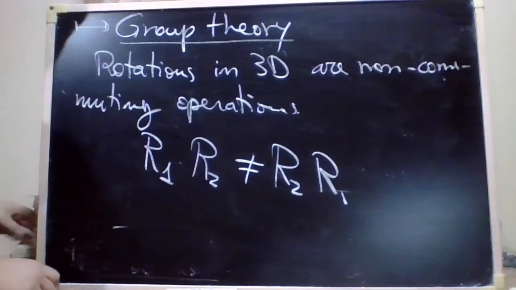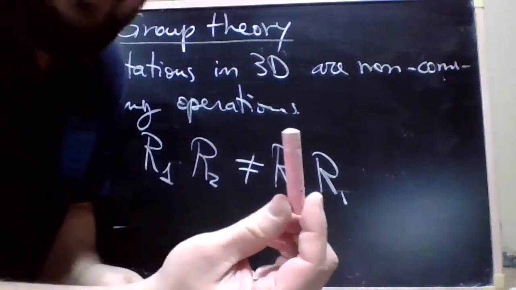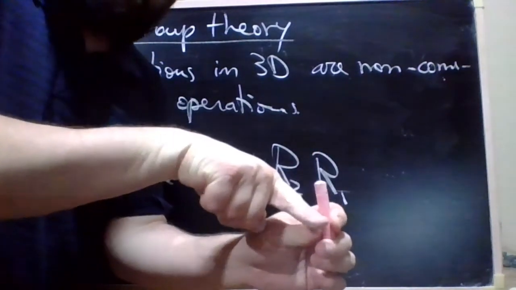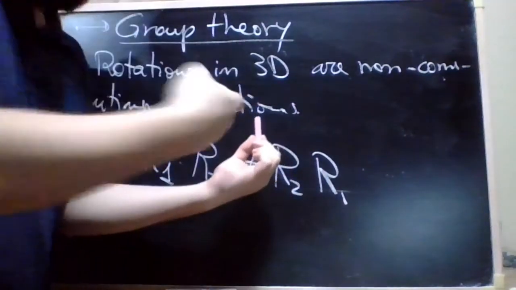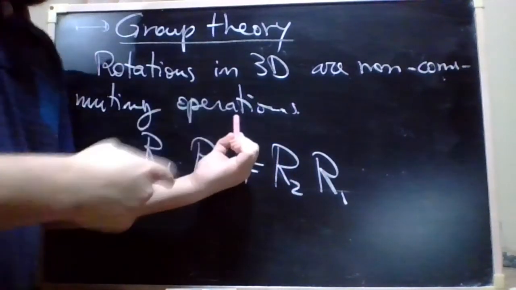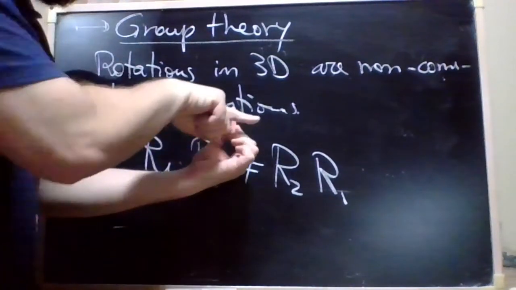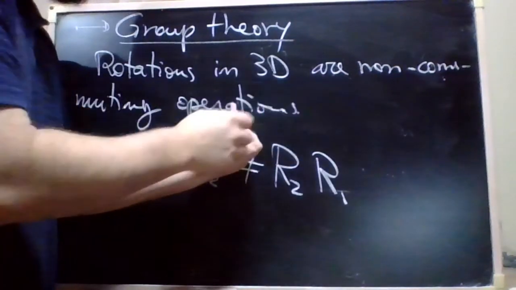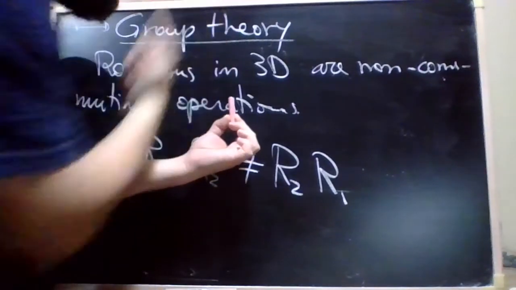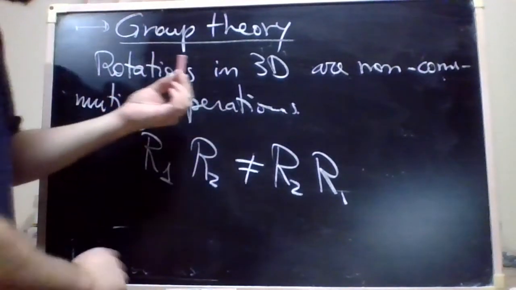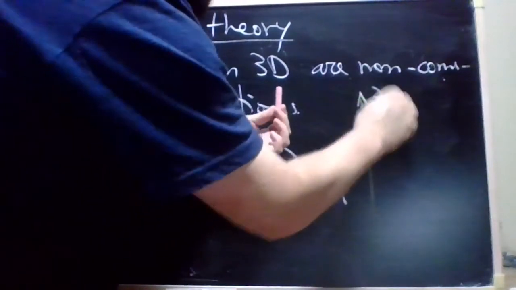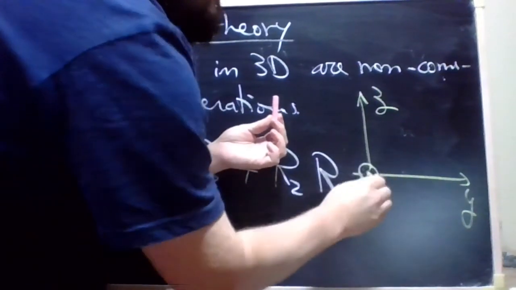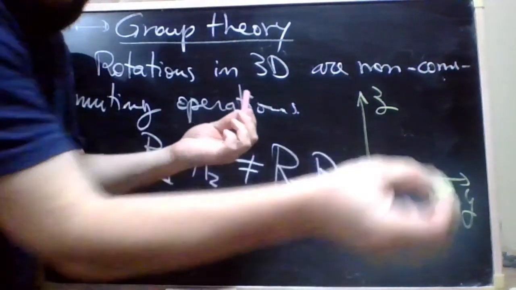So take for instance this piece of chalk. Say this is pointing out of the board. Say it is the x direction, pointing to the right is the y-axis, and pointing upwards is the z-axis. All right. So we have here something like this: z here, y here, and the x-axis is pointing out of the board.